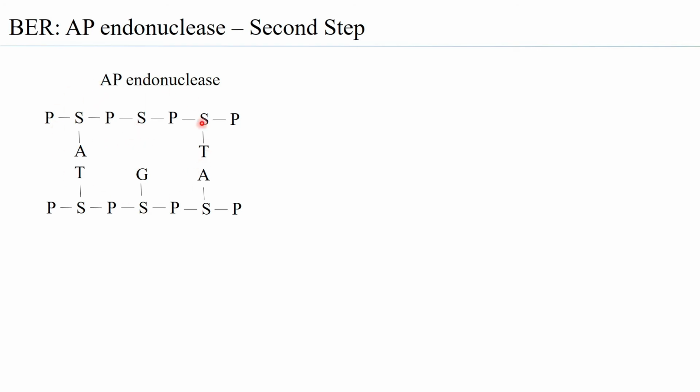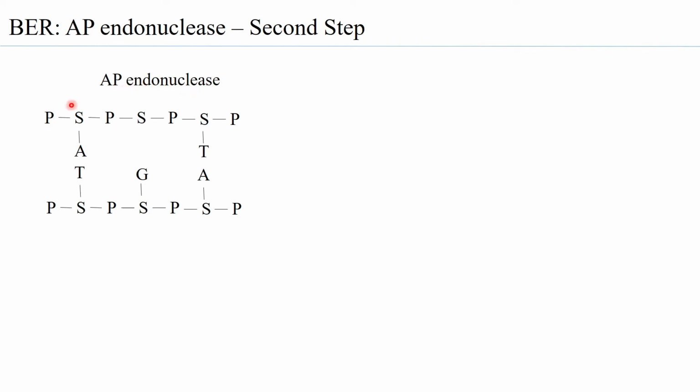Now, such sites, which are apurinic or apyrimidinic, are recognized by another enzyme, the next enzyme in the BER mechanism. That enzyme is called AP endonuclease. Now, this AP endonuclease, as the word suggests, is a nuclease. That means it can cut a phosphodiester bond, but not anywhere within. It is specifically at apurinic or apyrimidinic sites.